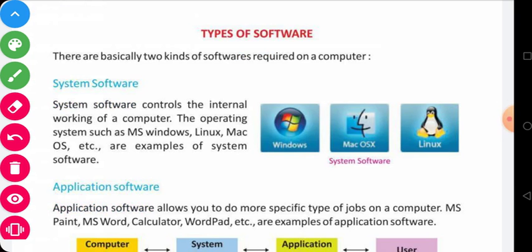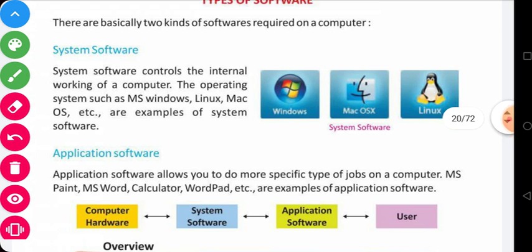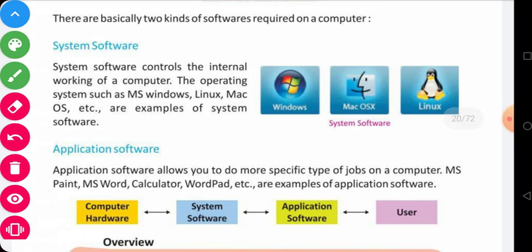System software generally controls the internal working of the computer, and a common example of system software is the operating system. Various types of operating systems are present. First is the Windows operating system, second is the Mac operating system, third is the Linux operating system. These are the popular operating systems, generally called system software because they operate the various hardware of the computer. That's why it is important.